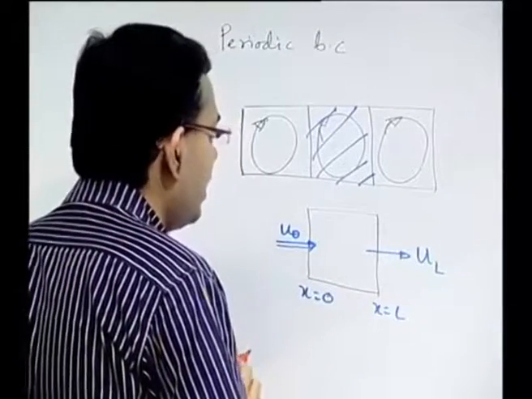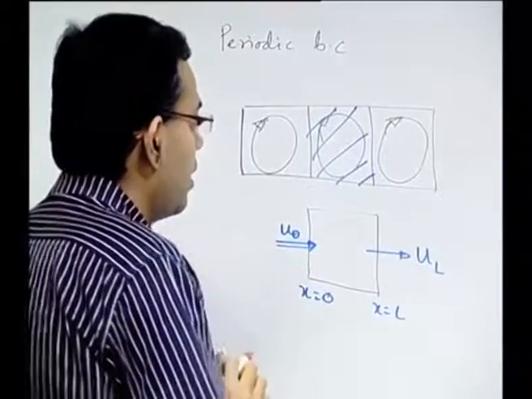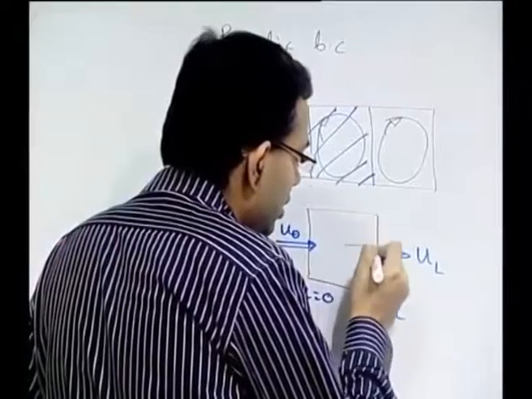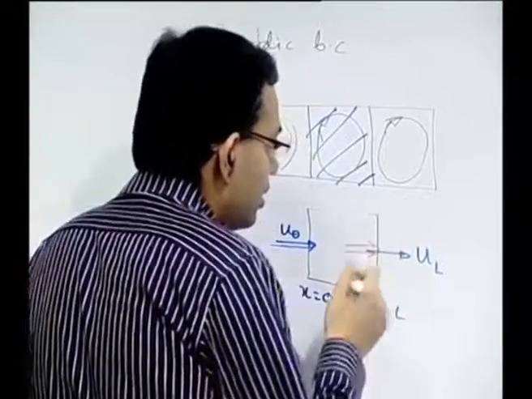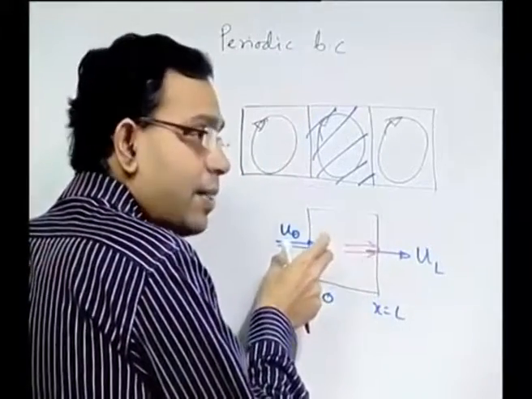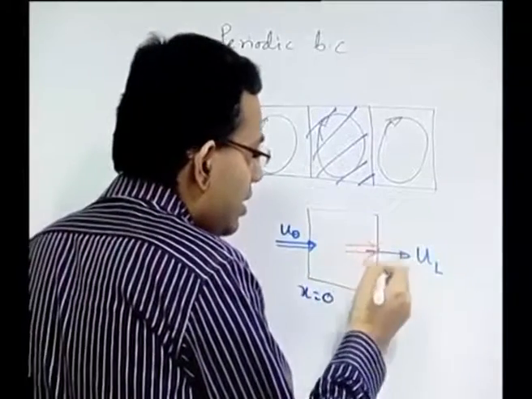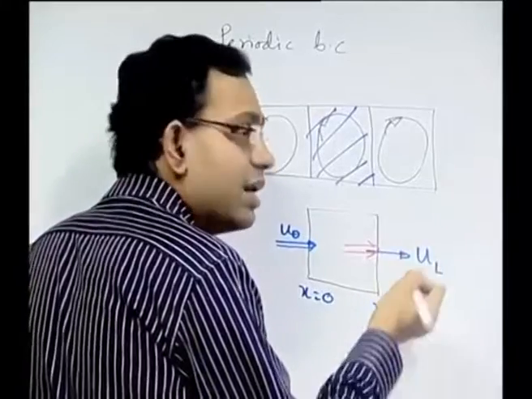That means whatever is the value of U_0, numerically we can say that the same is repeating at x equal to L minus delta x.